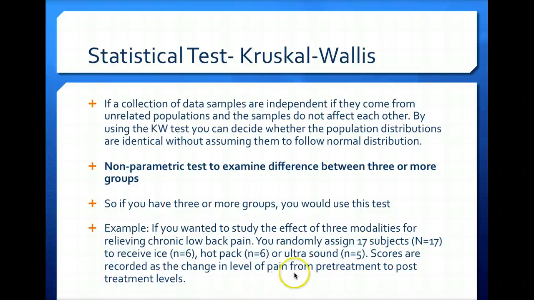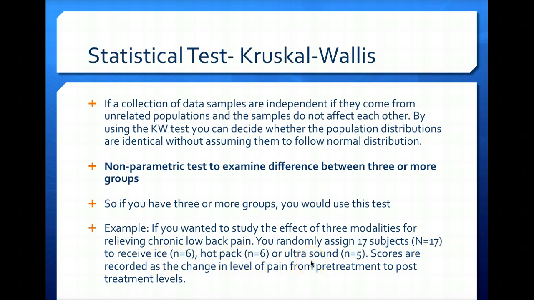So, example is that if you wanted to study the effect of three modalities for relieving chronic lower back pain, and let's say you randomly assign 17 subjects, capital N, for your total population is 17, to receive, 6 of them receive ice, 6 of them receive a hot pack, and then 5 of them receive an ultrasound.